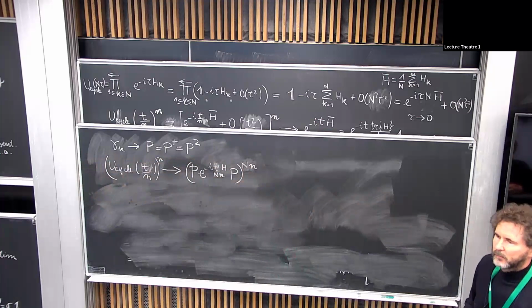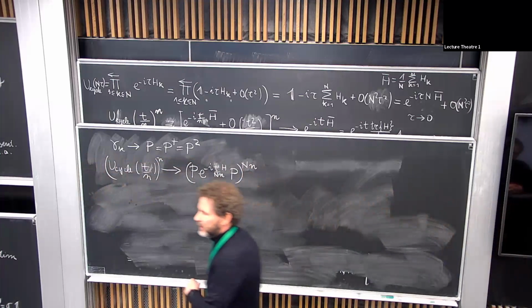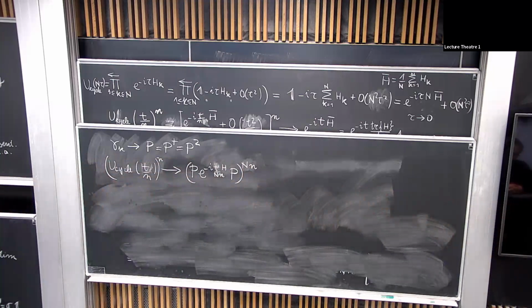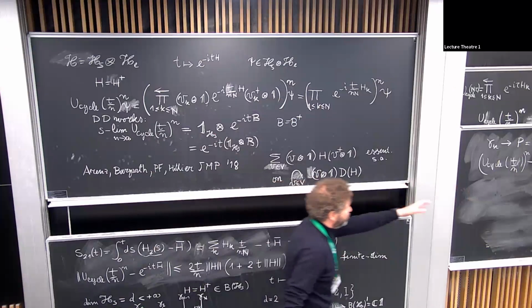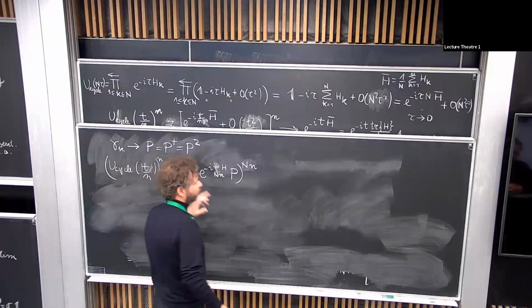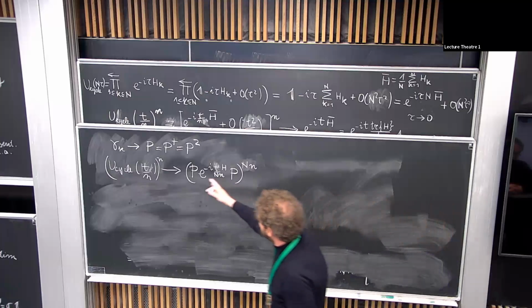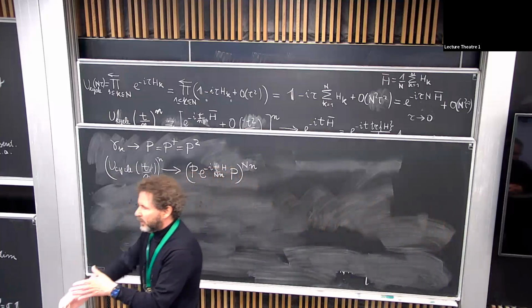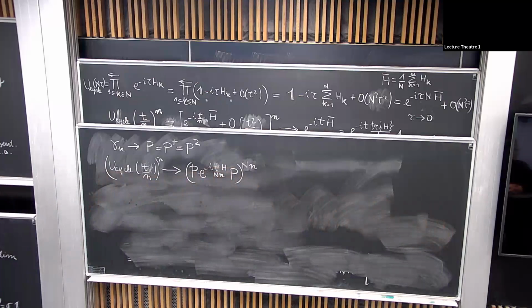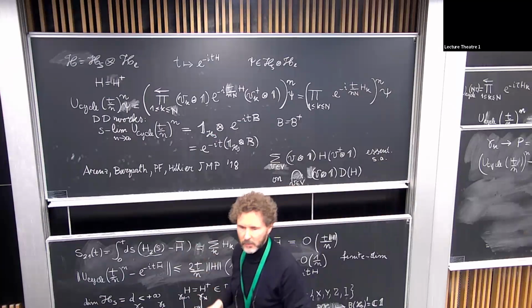I'm just replacing formally my unitary kicks by projections. This projection can be interpreted, for example, as a von Neumann projective measurement. So you measure the system, let it evolve, measure, let it evolve, measure, and so on.